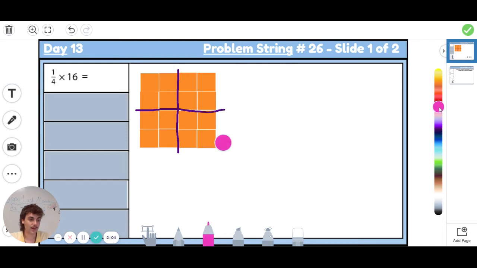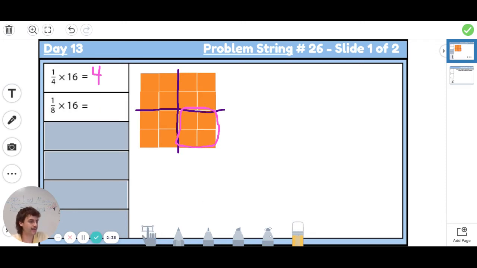And so my 1/4 times 16 would be these 4 squares right here. Now, let's just think a little bit more. What we are able to see is that when we multiply this fraction 1/4 times 16, we get a nice number of 4 because there are 4 groups of 4. That's 1/4 of 16.